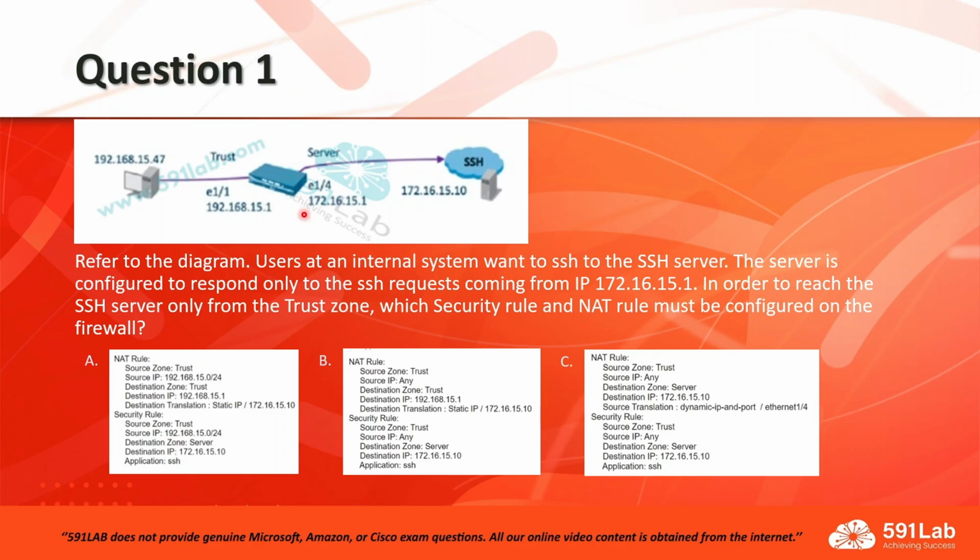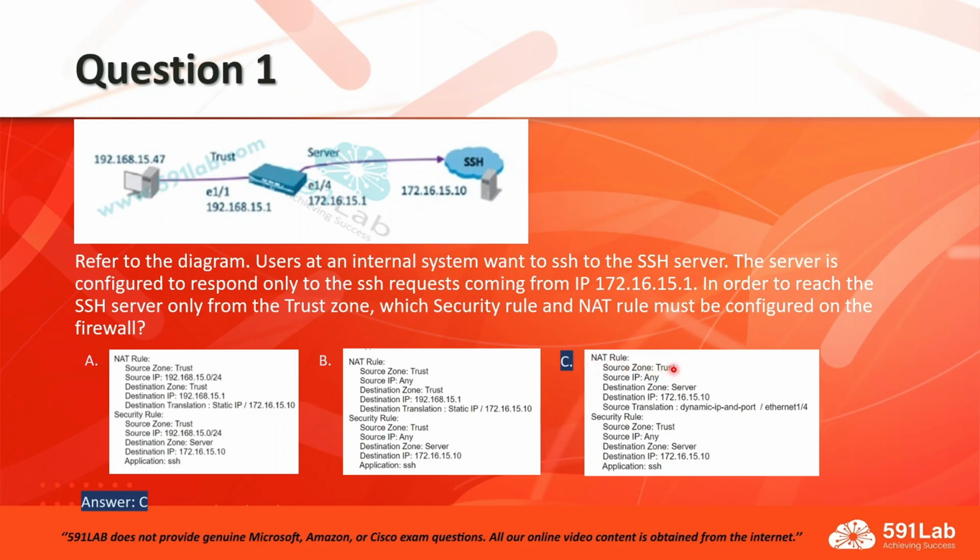With the NAT rules, we can translate the source IP address that comes from the client using the IP address that is allowed, which is interface Ethernet 1.4 with the IP address 172.16.15.1. So the answer for this question will be C.